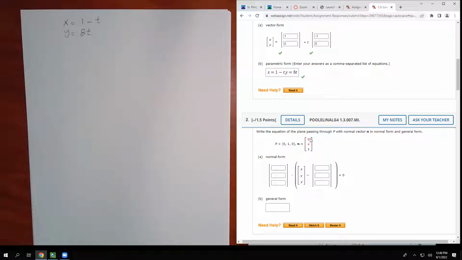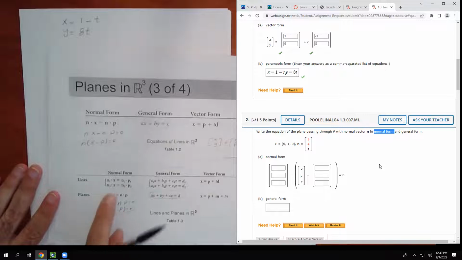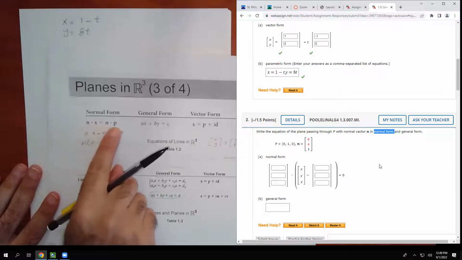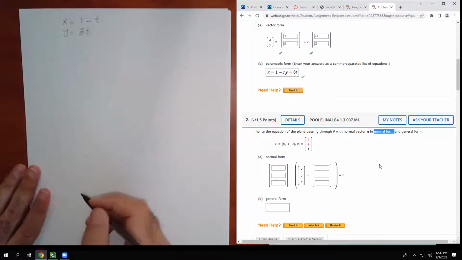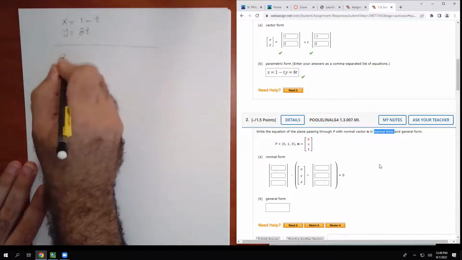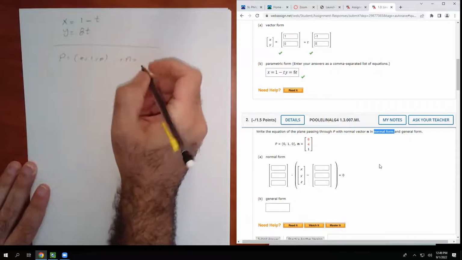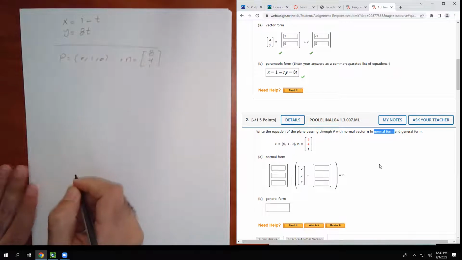So here is P, and here is the normal vector N. N is 3-dimensional, so for X you have to put X, Y, Z. And P is the point 0, 1, 0. The normal vector equals 8, 4, 1.